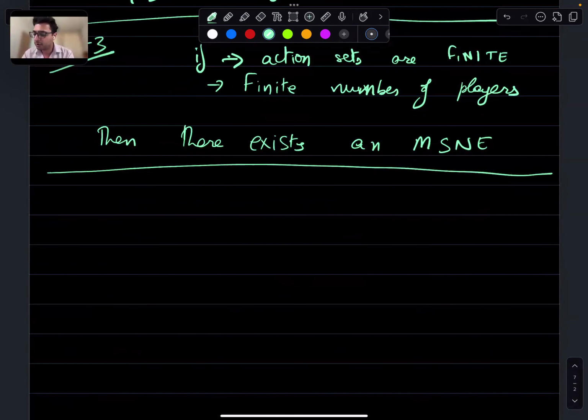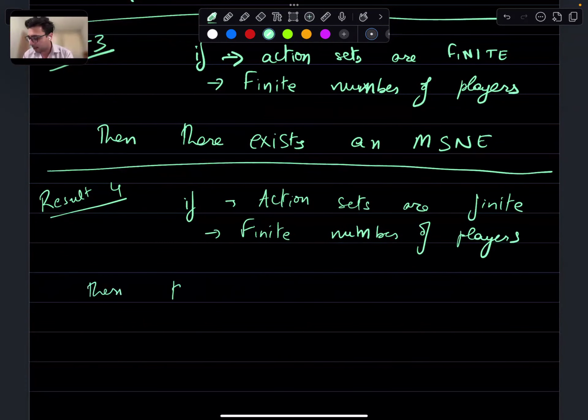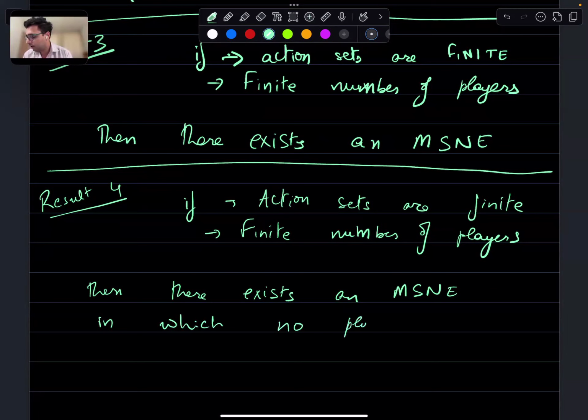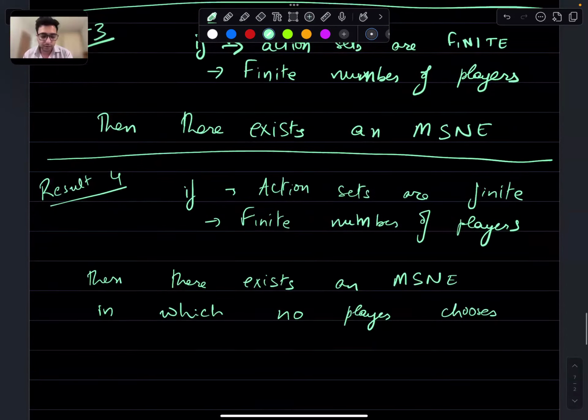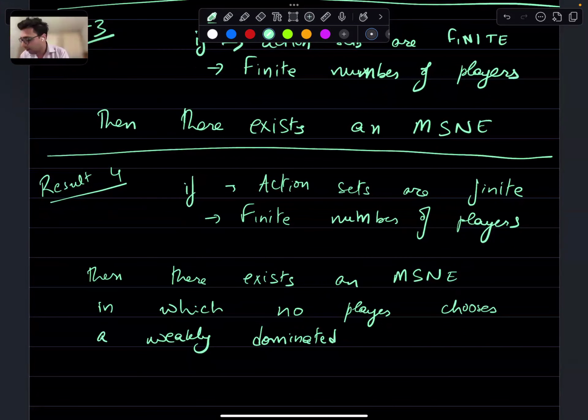But for our undergraduate course, it's sufficient to know that this result exists. Okay. But we can do one better. Let's call this result 4. And we can say that with the same conditions, if action sets are finite and we have a finite number of players, then there exists an MSNE in which no player chooses a weakly dominated mixed strategy.